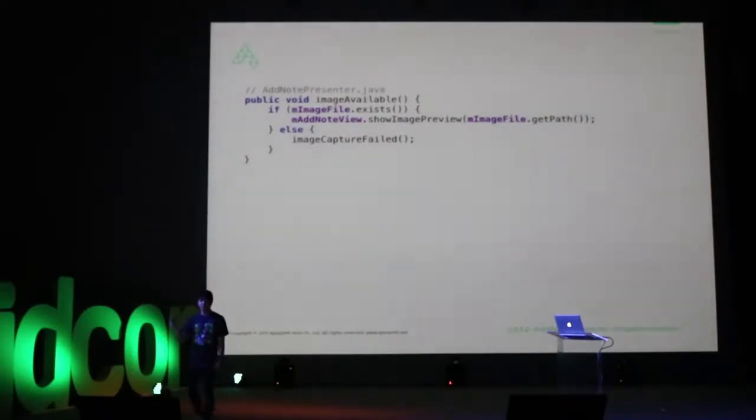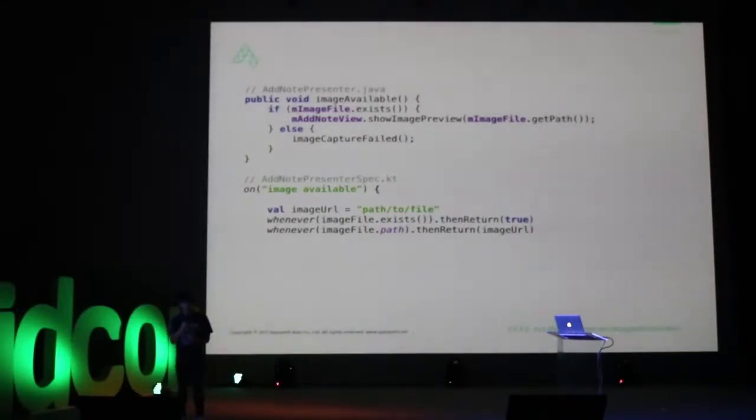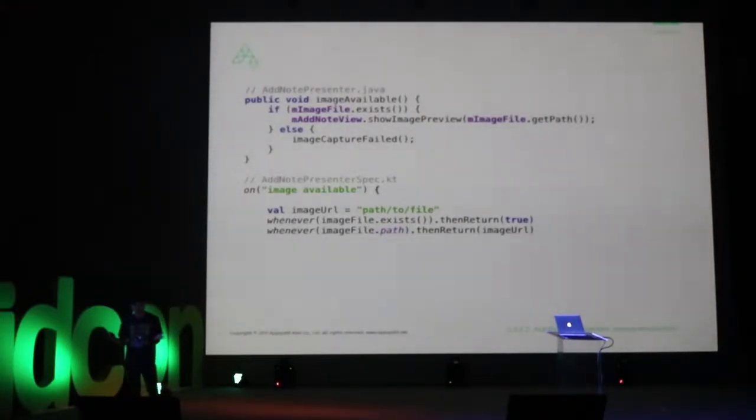So what we can do is we can stub it. Stubbing is when you have your mock object and you want it to return something when someone calls a method on it. So here, see, we have our image file, right? We say whenever image file.exist, then return true. Whenever image file.path, then return image URL.